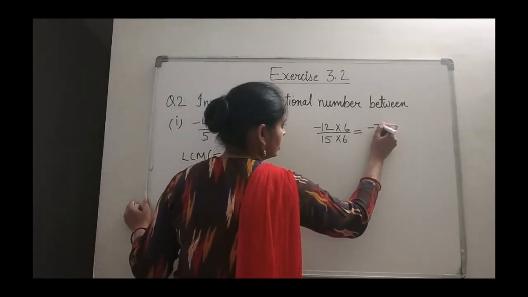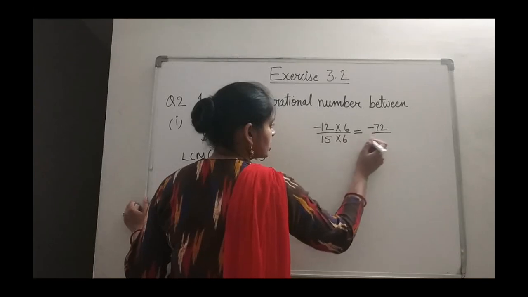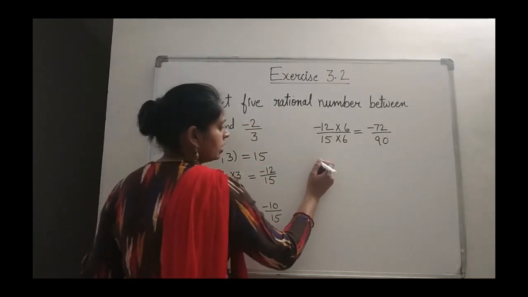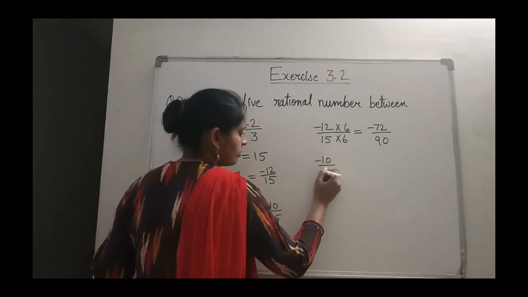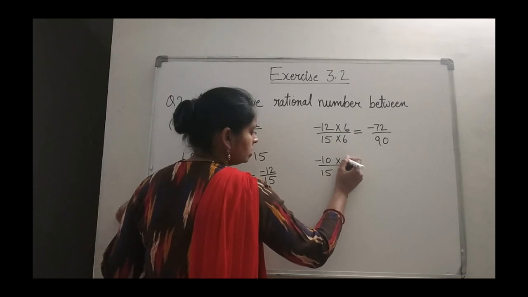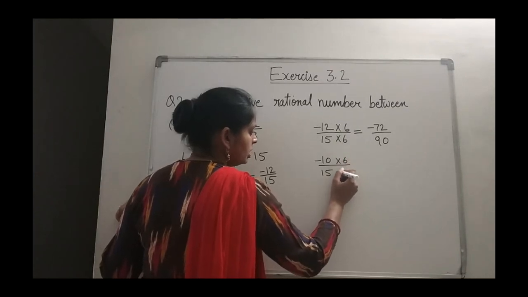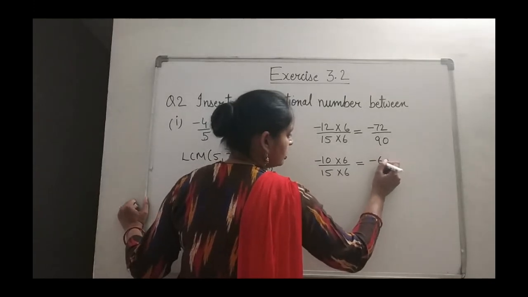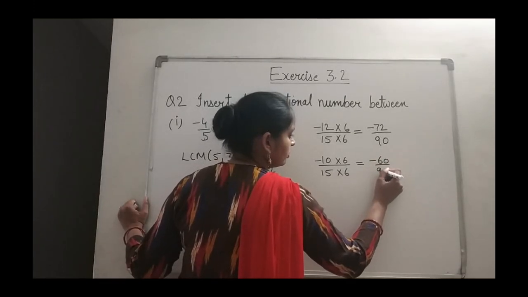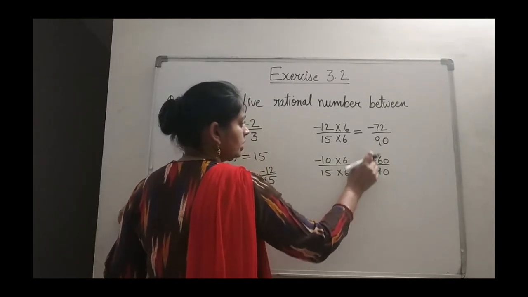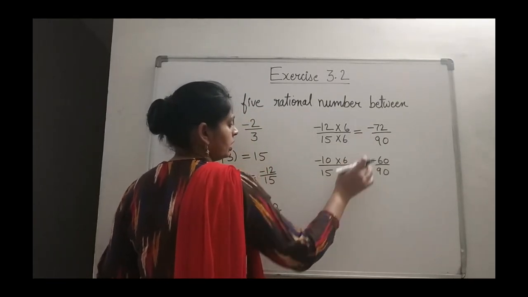So -72 upon 15 6s is 90. Right? The other rational number we are having is -10 upon 15. Here also we have to multiply the numerator and the denominator by 6 only. So your answer will be -60 upon 90. So now we can see -60 upon 90 and -72 upon 90.